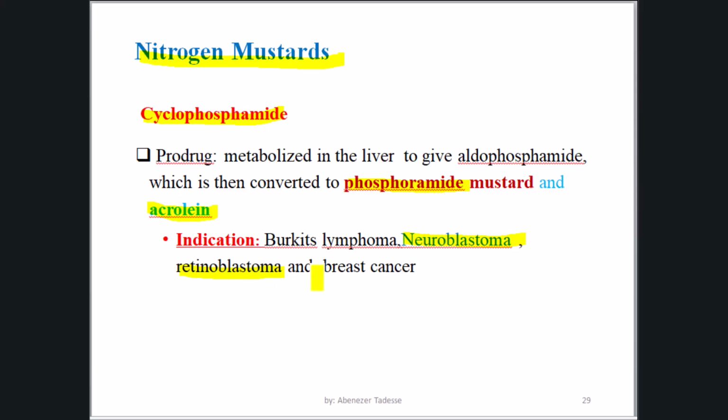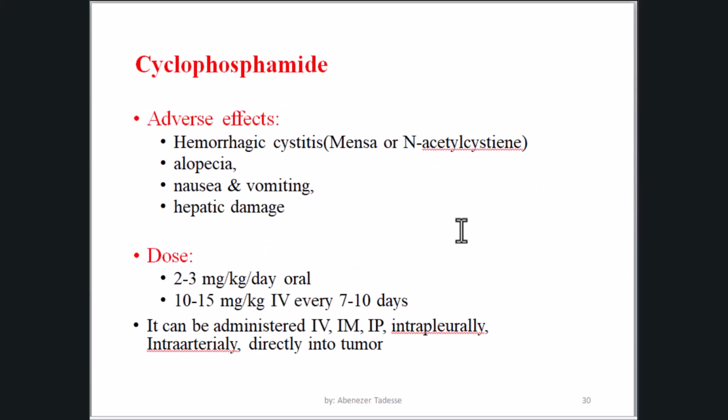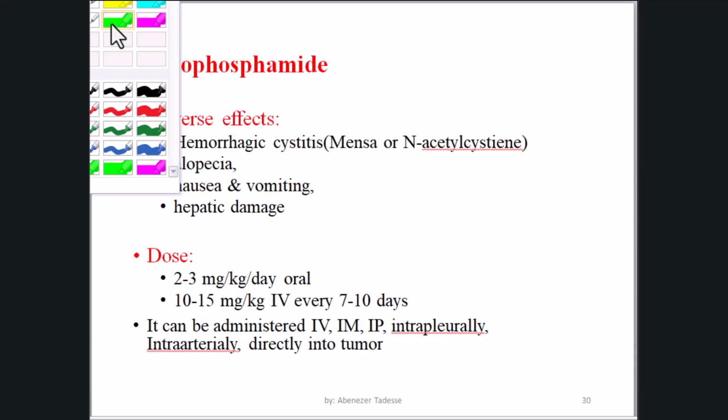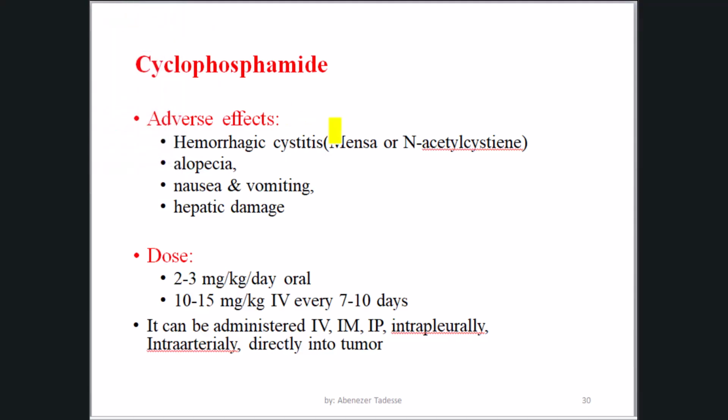The major adverse effects associated with cyclophosphamide: the first, as I mentioned earlier, is hemorrhagic cystitis, which is avoided through Mesna as well as N-acetylcysteine. The other one is alopecia, mostly affecting highly proliferating hair follicles, resulting in temporary baldness or hair loss in various body regions.